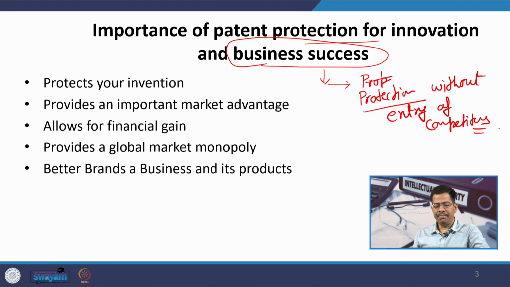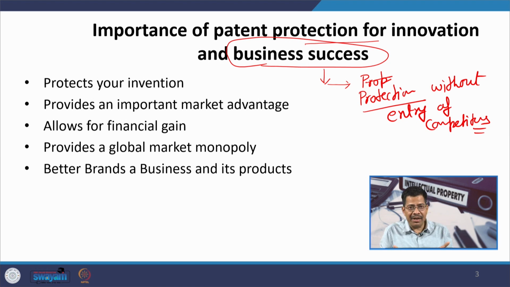I think that is the biggest reason organizations want to go for this IP protection, because I have the invention, and once I have the rights with me, others will not be able to use this technology, and they will not be able to enter into that space where I want to do business. So, all these things whatever I have written on this slide, I would like to summarize that it is the best entry barrier for my competitors.